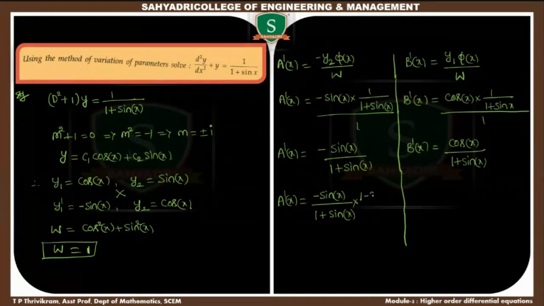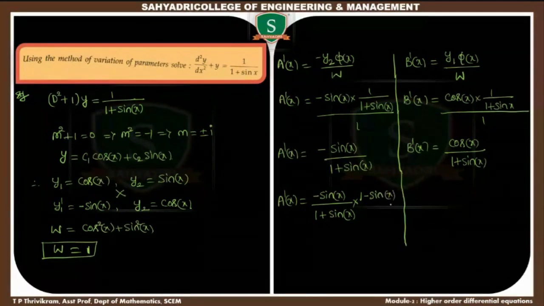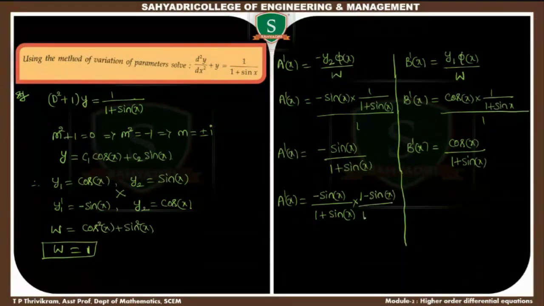So 1 minus sin x I am multiplying and dividing, because directly we can't do the integration here. So we have to undergo some process and we have to get the answer.